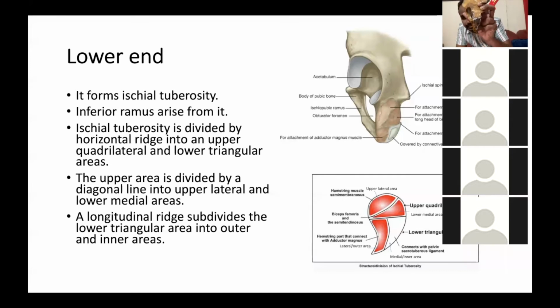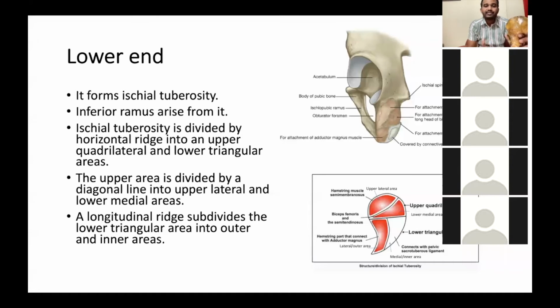The upper area is quadrilateral in shape, the lower area is triangular in shape.